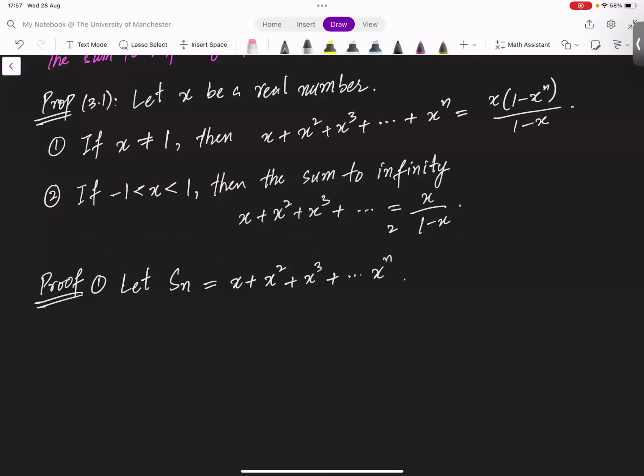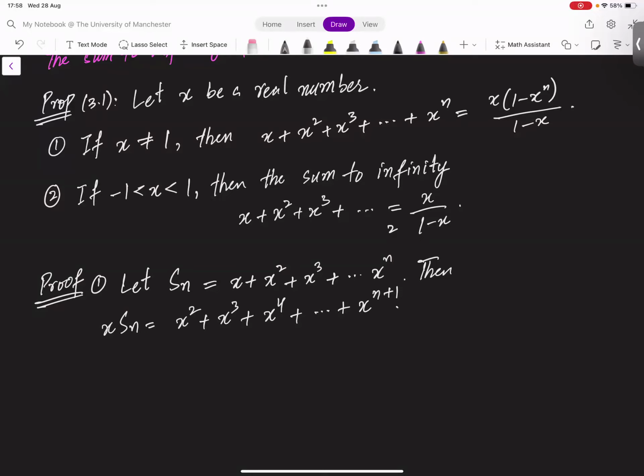Then x times Sn will be the series x squared plus x cubed plus x to the power 4 up to x to the power n plus 1.